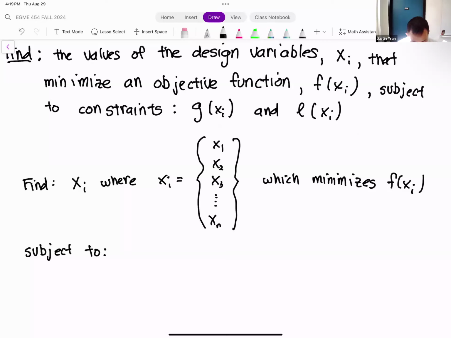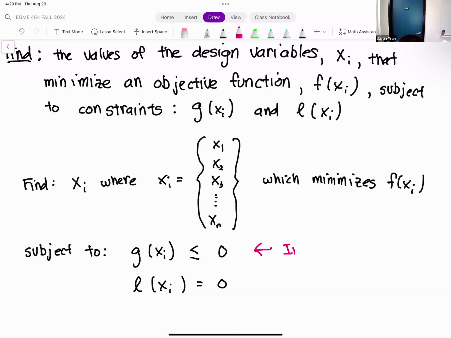Subject to our constraints. So we have our function g, I. We say that is less than or equal to 0. And L of xi equals 0. For this function g here, we often call these the inequality constraints.